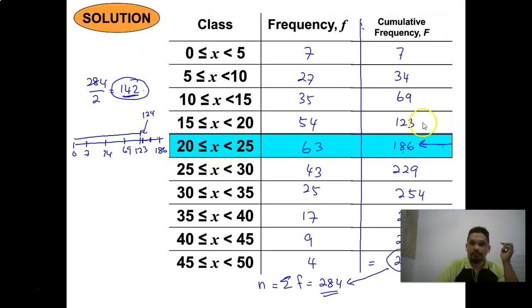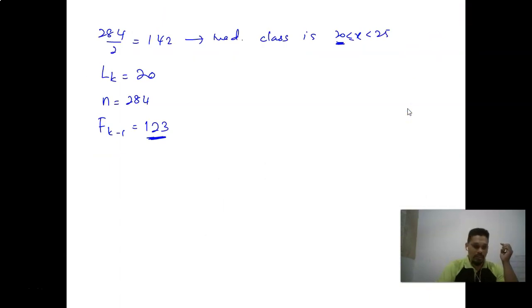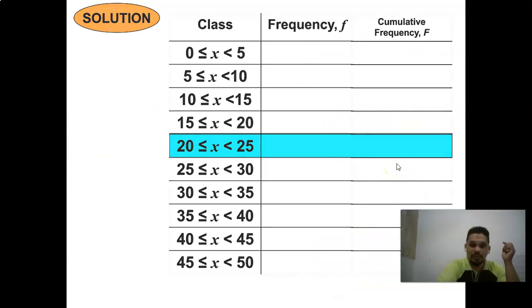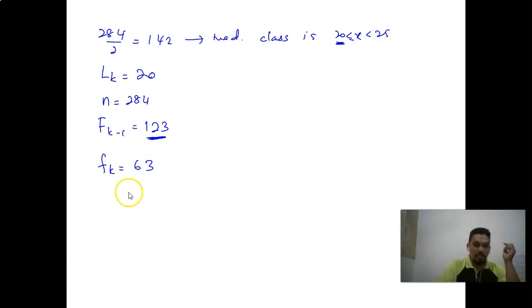Okay, the cumulative frequency before the median class is 123. And then the frequency of the median class here is 63. This one, 63. And then the size of the class is equal to 5.